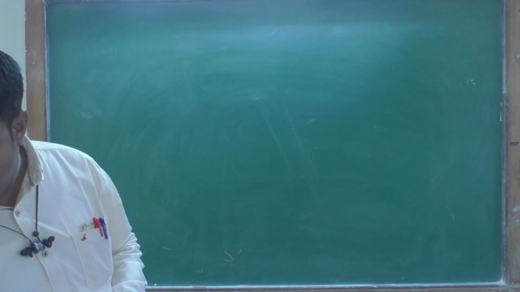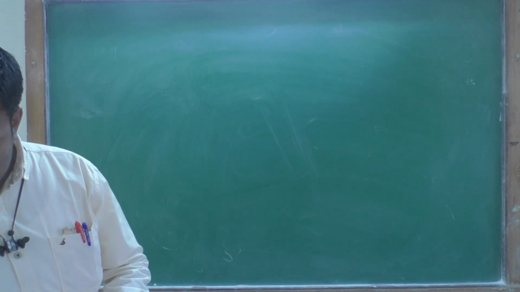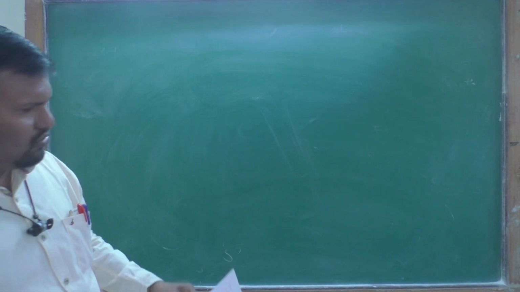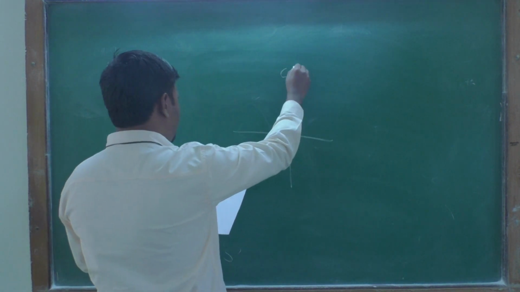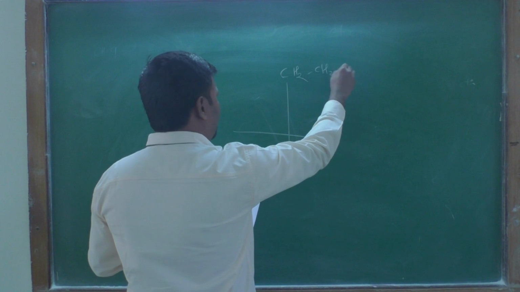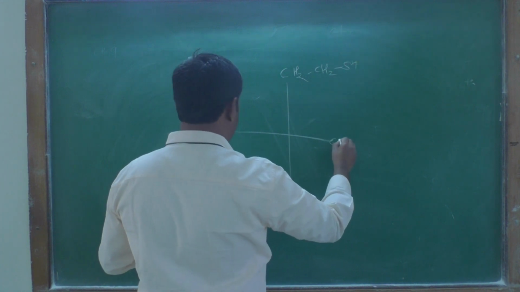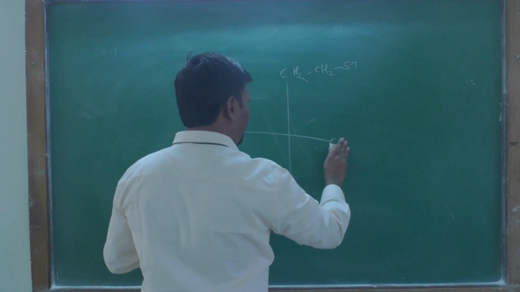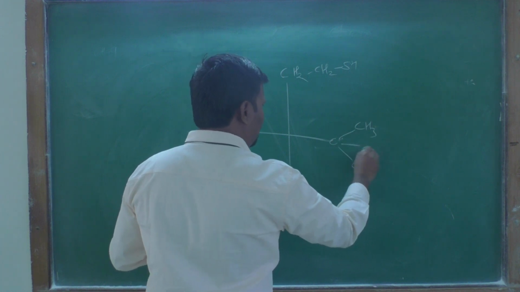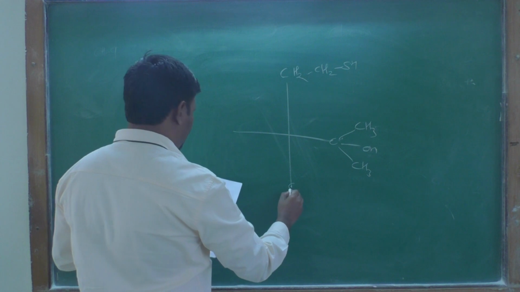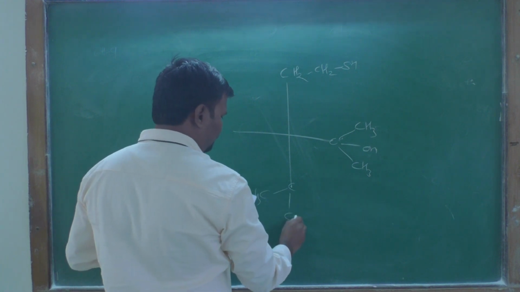We have some problems. By solving these, you can find out the configuration of any molecule, any chiral molecule, any chiral carbon. This is one of the examples.